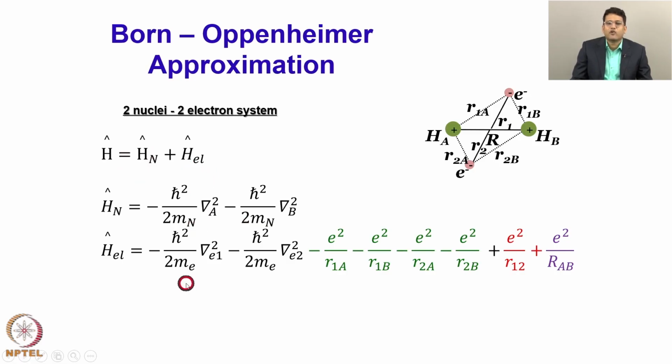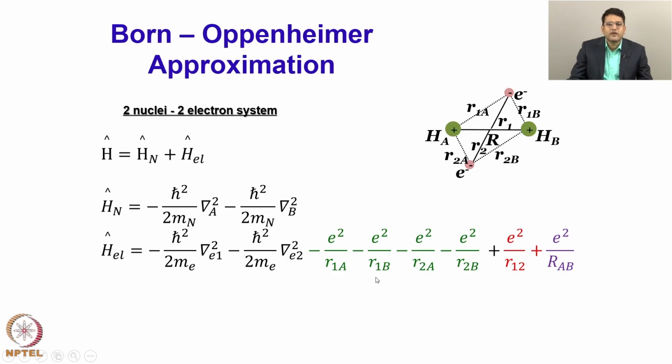In the electronic Hamiltonian, there is kinetic energy of electron 1, kinetic energy of electron 2, electron-nuclear attraction of the first electron with hydrogen nucleus A, and with hydrogen nucleus B, the same for electron 2, an electron-electron repulsion term and a nuclear-nuclear repulsion term. Remember, traditionally the nuclear-nuclear repulsion term in the Born-Oppenheimer approximation is constant and it is always added to the electronic Hamiltonian.